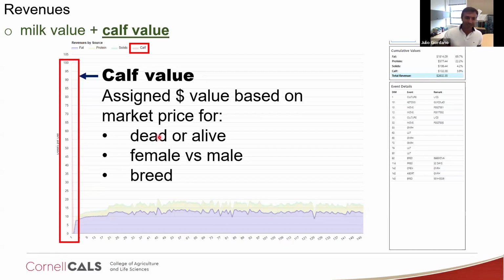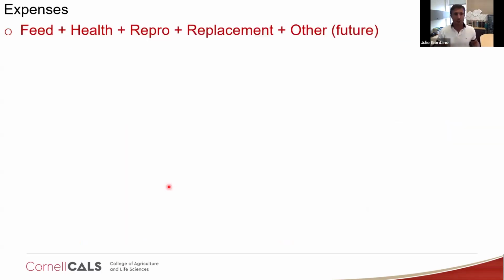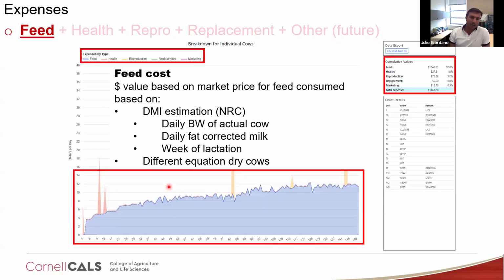And of course, these days, with the dramatic differences in prices between different breeds of dairy cattle, we are also accounting for the breed of the calf that is born to try to truly account for that calf value. So for expenses: feed, health, replacement costs, and again, other expenses will be added in the future.